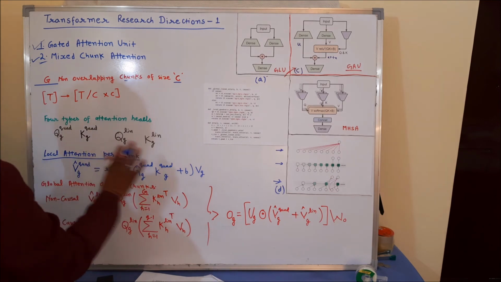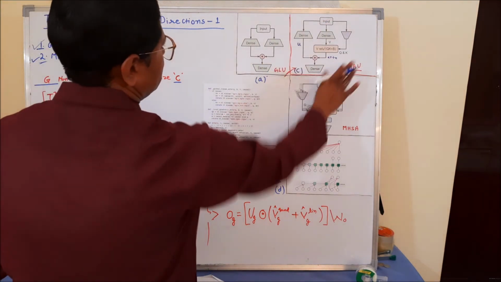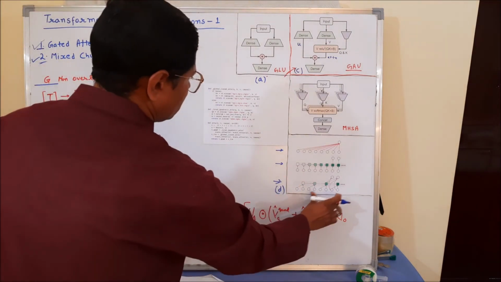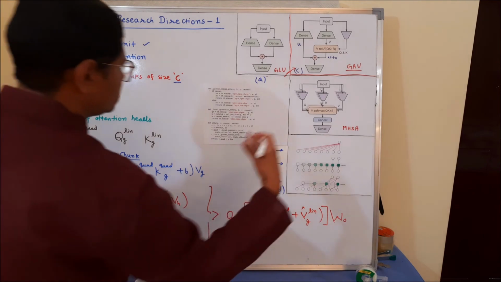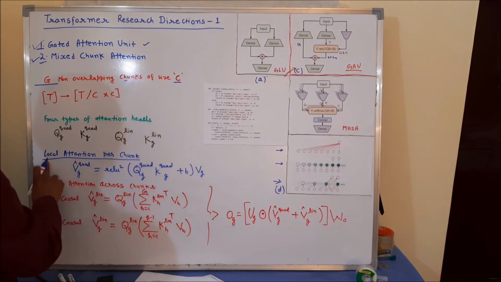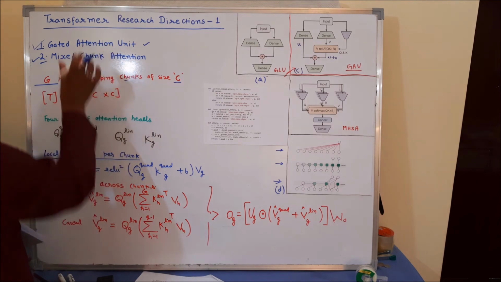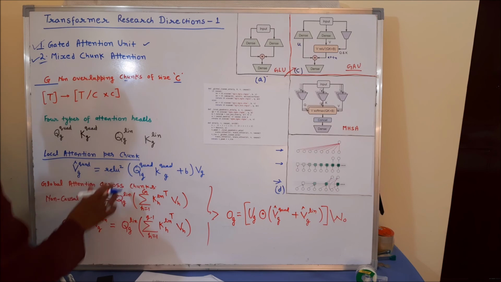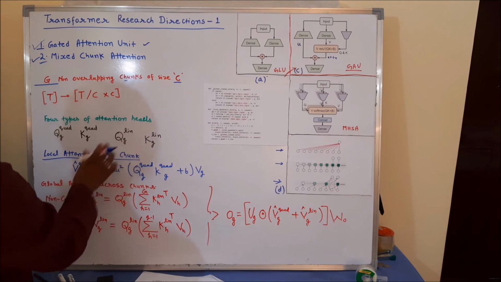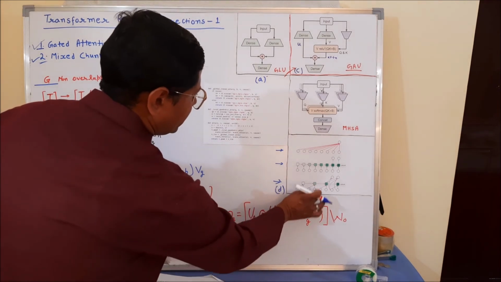Now the computation scheme is very simple because, as we explained for the gated attention unit, the mechanism is almost the same. How do you compute the global and linear both in the case of mixed chunk attention? When you want to compute the local attention per chunk, it is very similar to what we discussed with gated attention. You will use the ReLU square activation function, and inside the local attention per chunk it is a quadratic kind of attention.